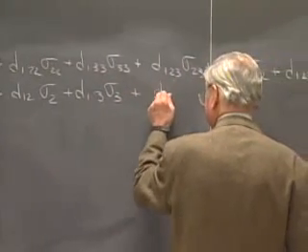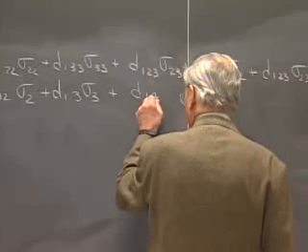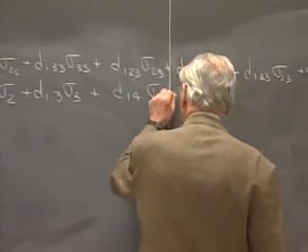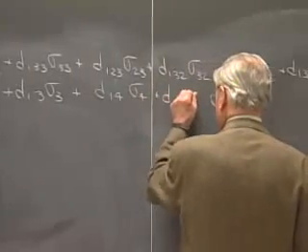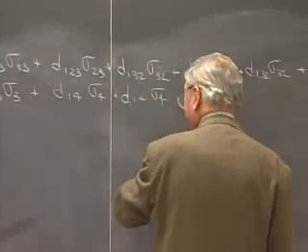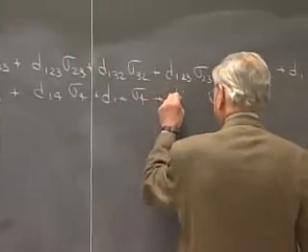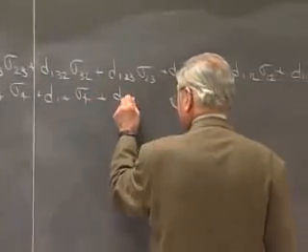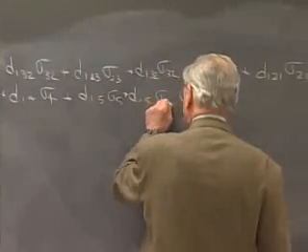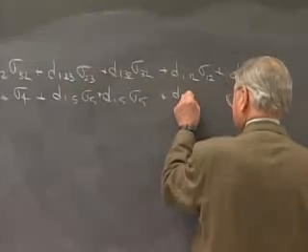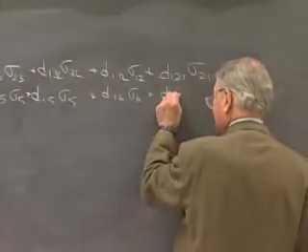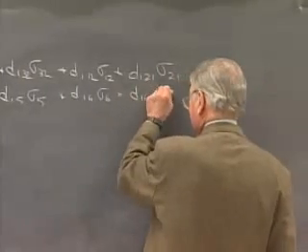We have a D14 times sigma 4 plus, again, a D14 times a sigma, and 2,3 is equal to 3,2, so I can call this 4. And then these terms become D15 times sigma 5, and again a D15 times sigma 5, plus a D16 times sigma 6, plus D16 times sigma 6.